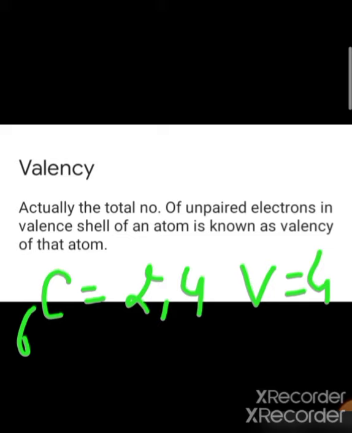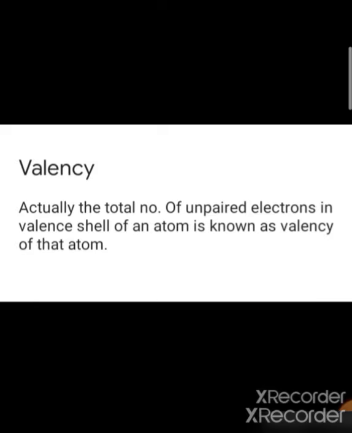Until there are 1 to 4 electrons in the valence shell, the valency of the atom is 1 to 4. But when the valence shell of any atom contains more than 4 electrons, just like nitrogen, atomic number 7, configuration 2, 5. Now, this concept is very difficult to understand. How does the valency become 3?